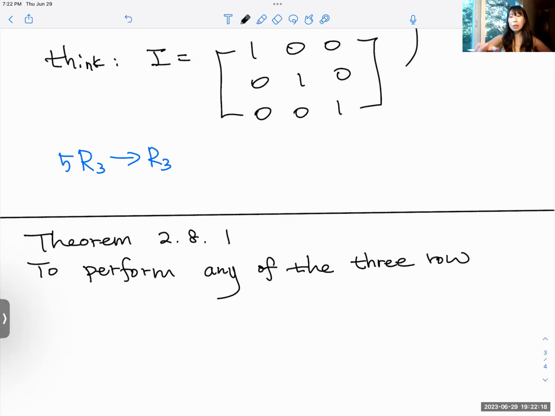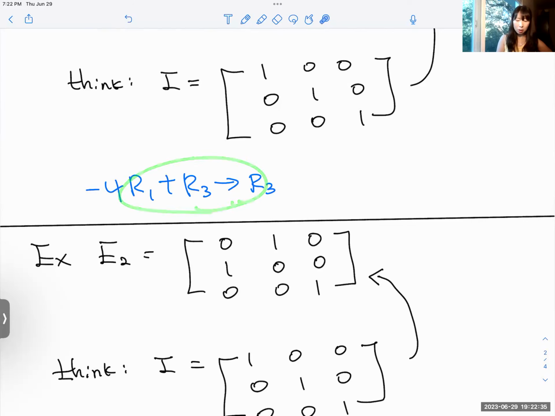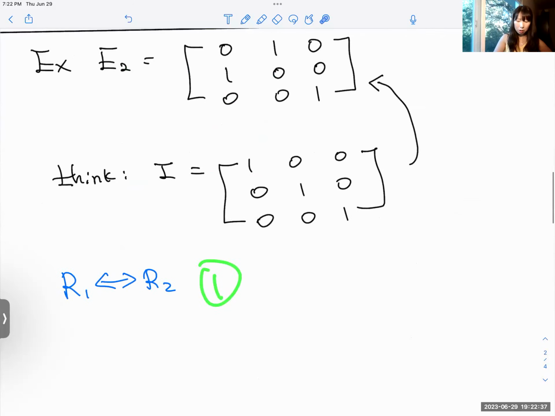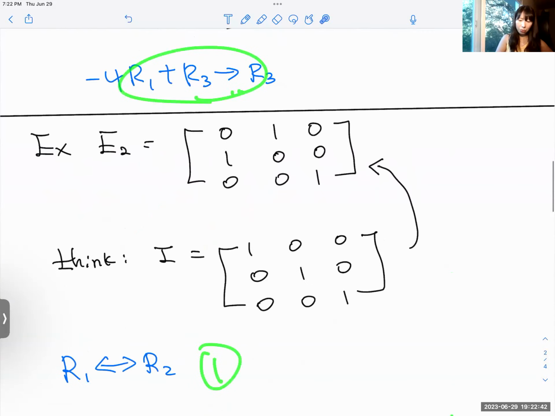Second one, multiply by a scalar. And third one, multiply by a scalar and then add to another row, like replace. Number 1, number 2, number 3 in row operation, right?